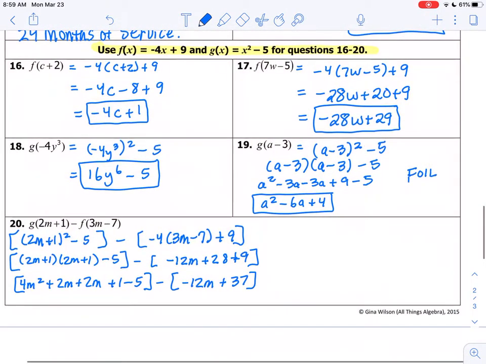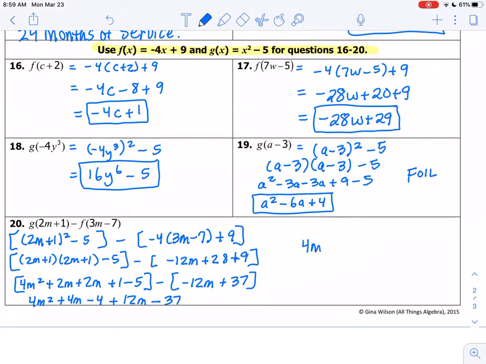So this would give us 4m squared plus 4m minus 4 plus 12m minus 37. Notice I'm distributing the negative in that second parentheses there. And that would give us 4m squared plus 16m minus 41. So yeah, that one took a lot more steps, but it's all stuff that you know how to do. So it shouldn't be too bad.